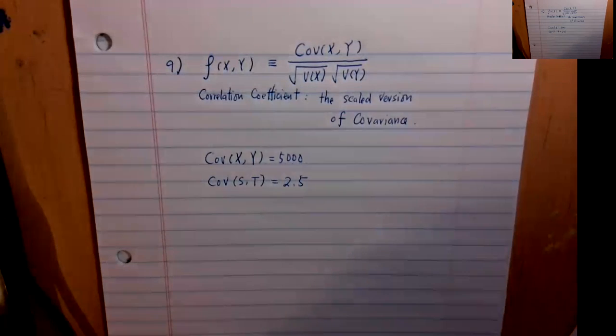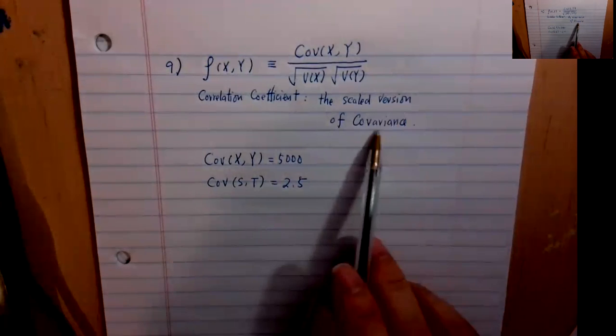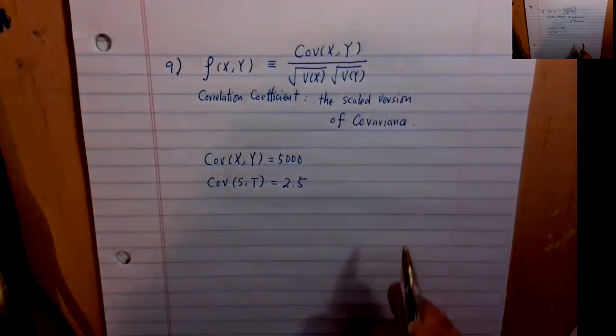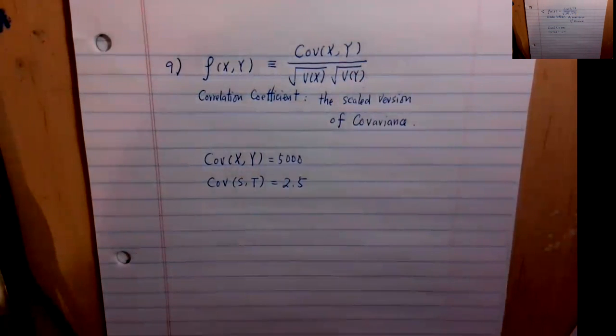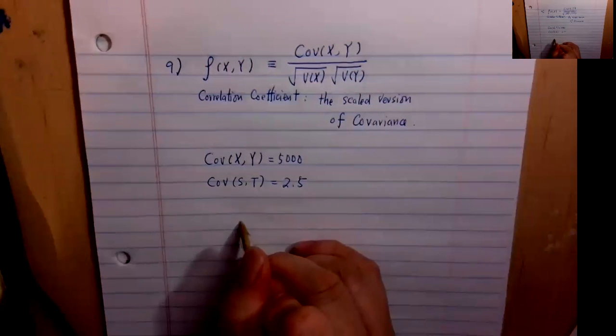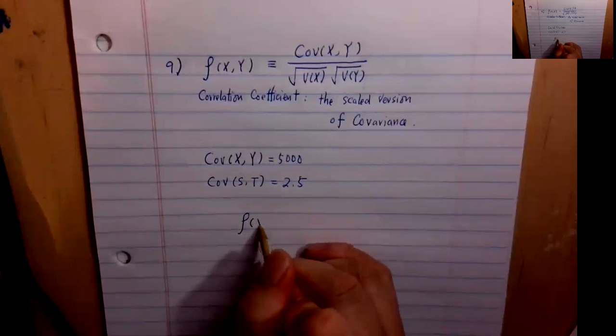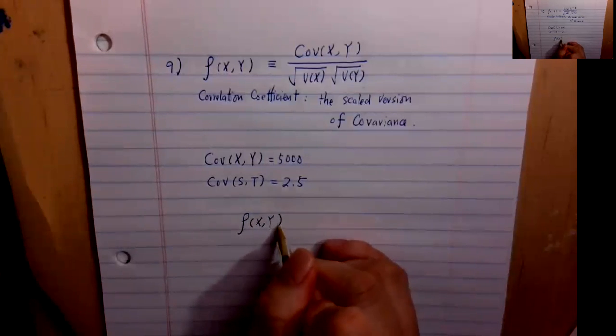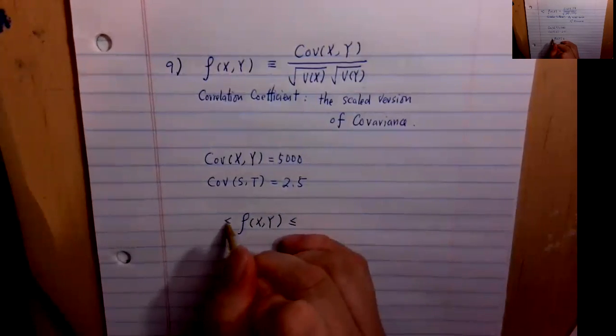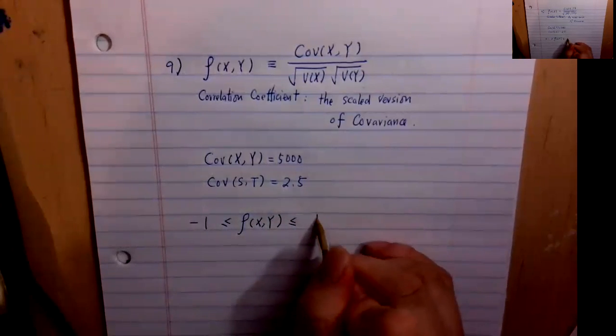Very difficult to compare them. So if you come up with a scaled version of covariance, kind of standardized, the important property about the correlation coefficient is that this number has to be between -1 and 1.